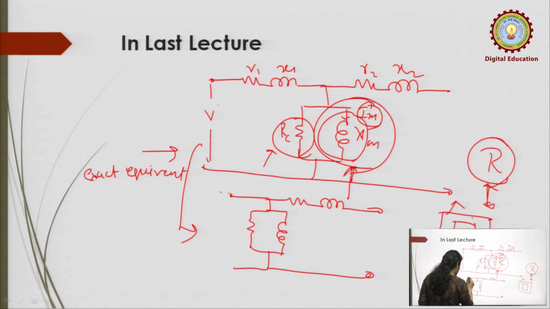Either we shift this branch towards the primary side or towards the secondary side, so that the circuit becomes less complicated and the analysis becomes easier.